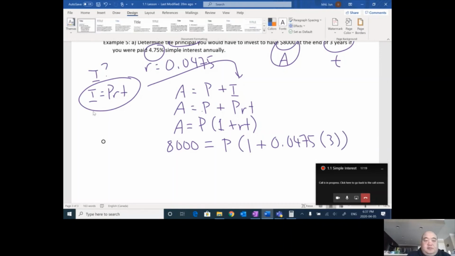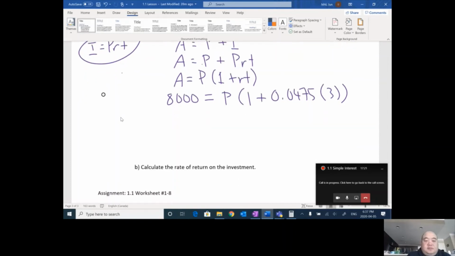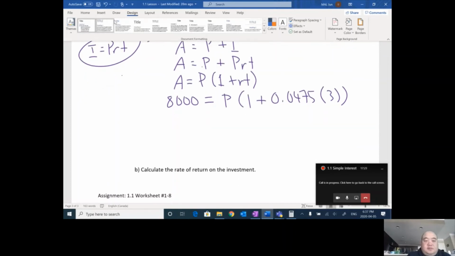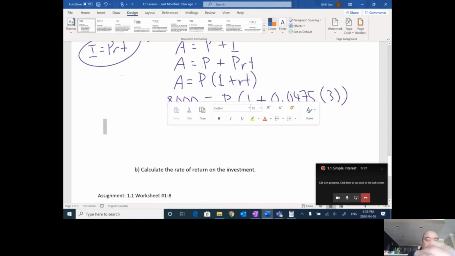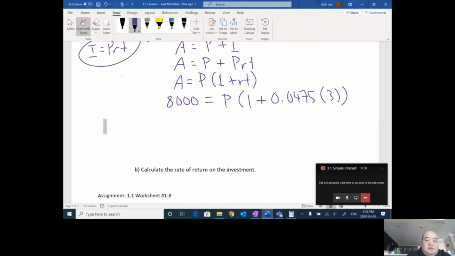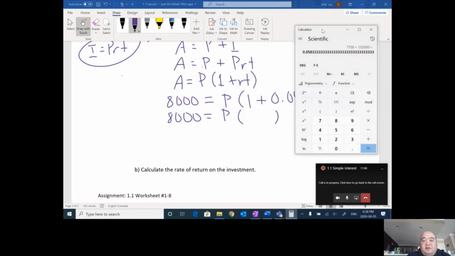What I'm going to do next here is this whole bracket, I'm just going to punch that into a calculator just to get a value.